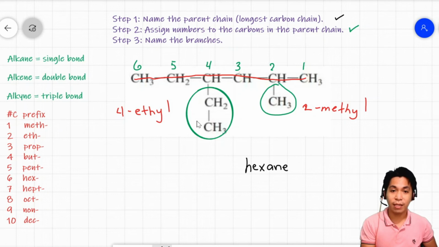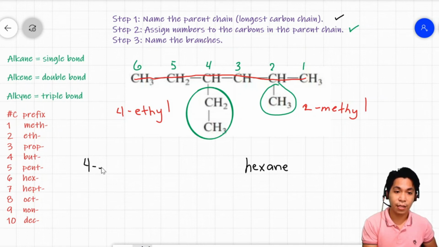Now, how do we write the branches which are different from one another? The rule is simple. List them alphabetically. So between ethyl and methyl, alphabetically, ethyl comes first. So therefore, write the following: 4-ethyl.